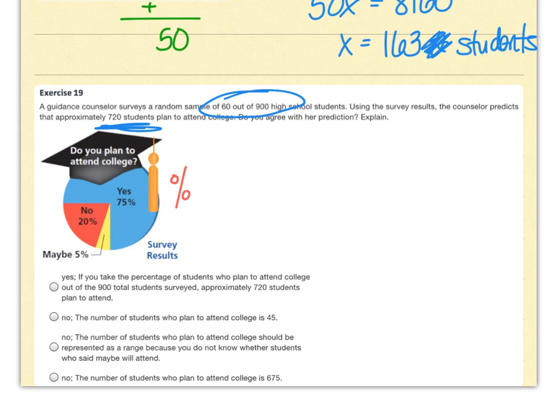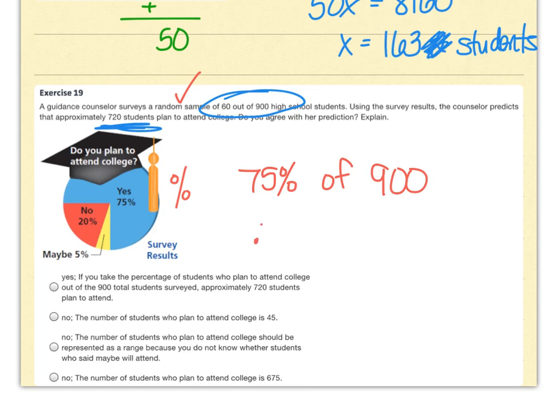Okay, 60 people were randomly surveyed, and 75% said they plan on going to college. So if 75% of my sample said they were going to college, then if this survey is done randomly, which it was, then I know that 75% of my population, which is the 900 students, are going to plan on going to college.